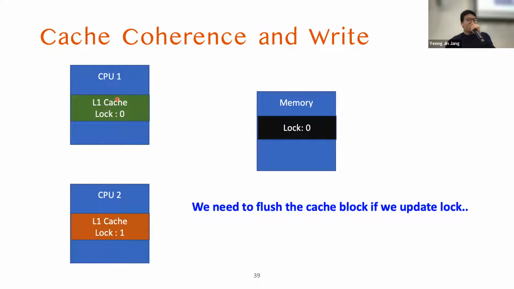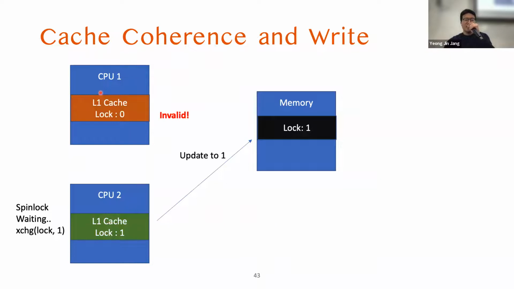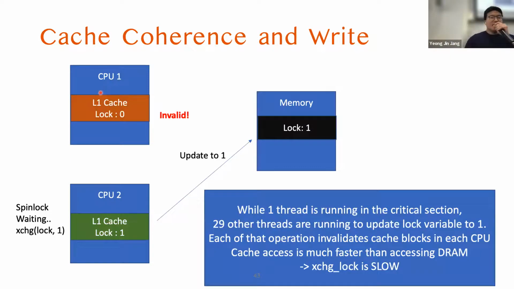Suppose that this CPU releases the lock, and now CPU2 has an invalidated cache. Within the spin lock, it will check the lock value again, then update it, and that will invalidate the cache of the other CPU. So the problem here is that we have 30 threads.